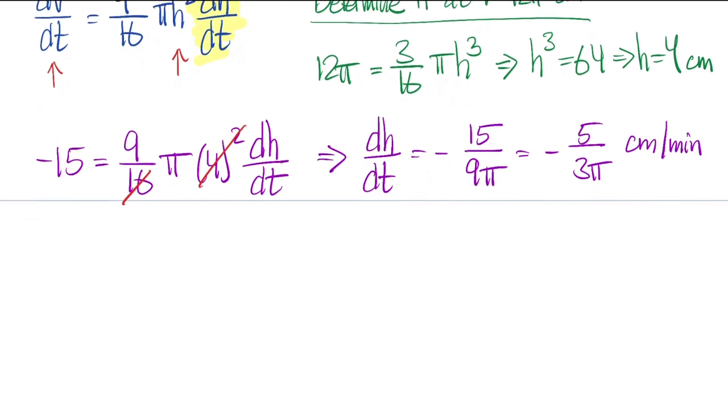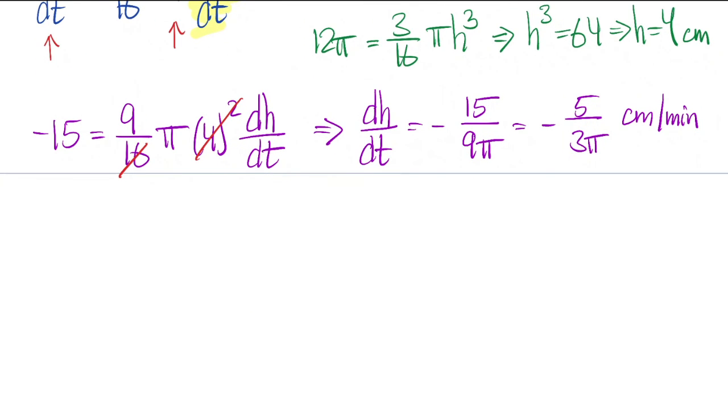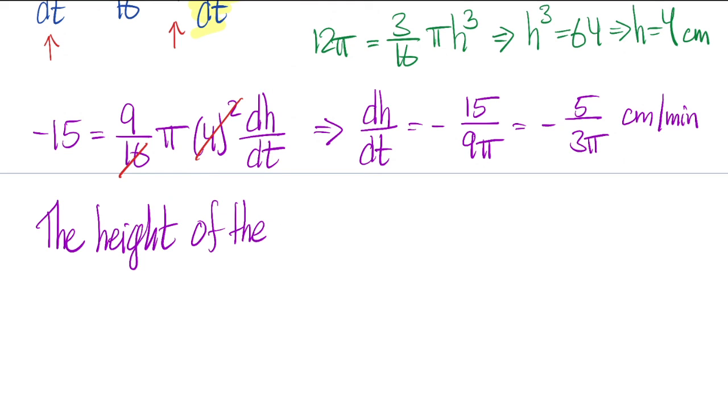So now we can say that the height of the water level is decreasing. This rate here is a negative rate, which means it's decreasing.